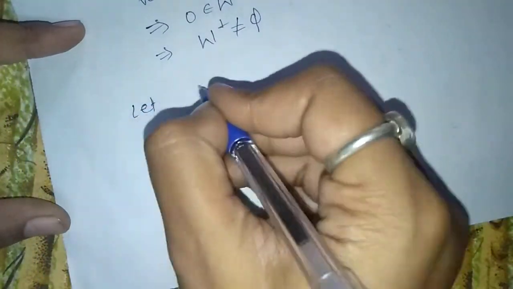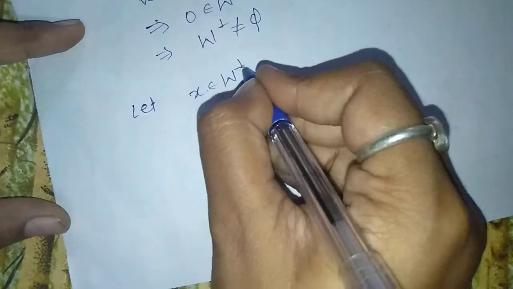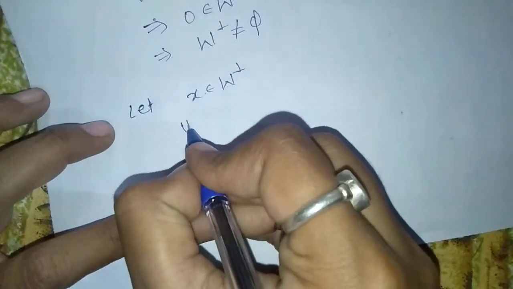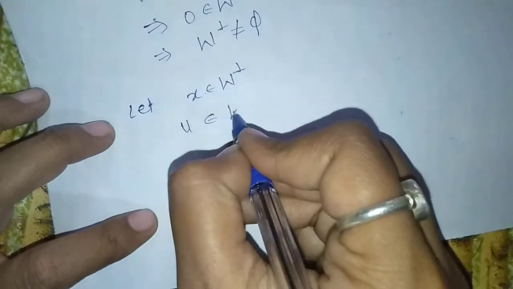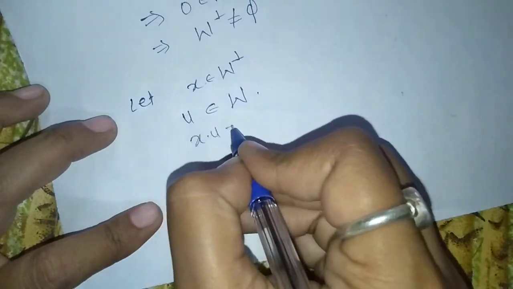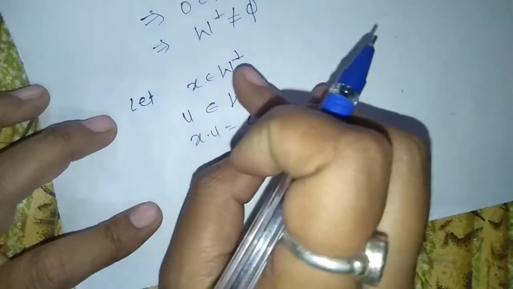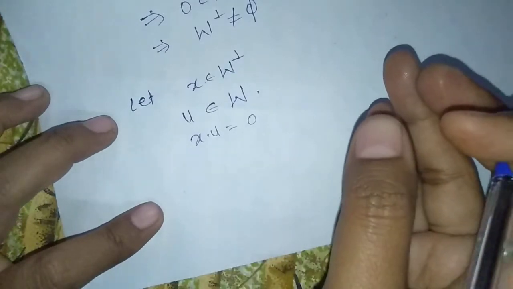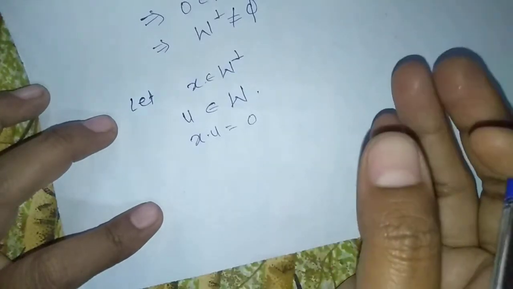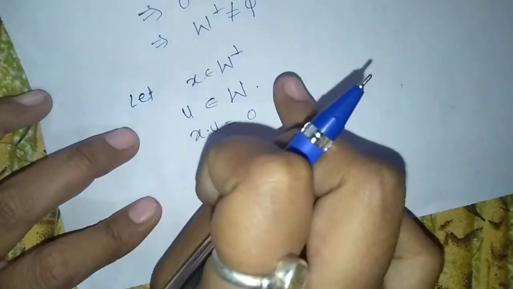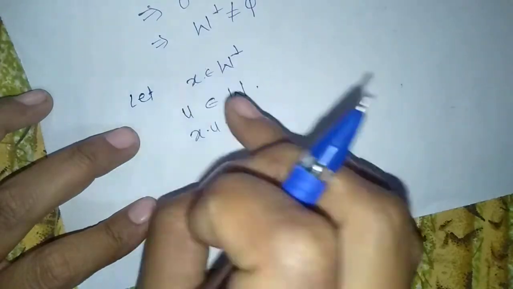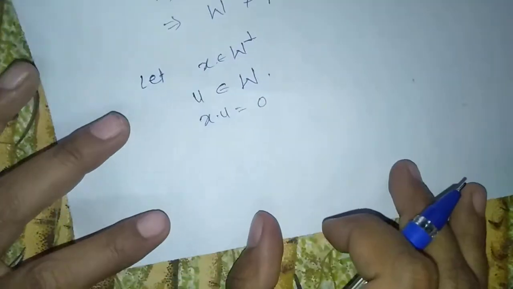Now let X belong to W complement, meaning X is orthogonal to all vectors in W. Take an arbitrary vector U belonging to W. So X dot U is equal to 0, because X belongs to W complement and W complement is nothing but the set of all vectors which are orthogonal to W. That's why when we take one element from W and one element from W complement, their dot product is equal to 0.